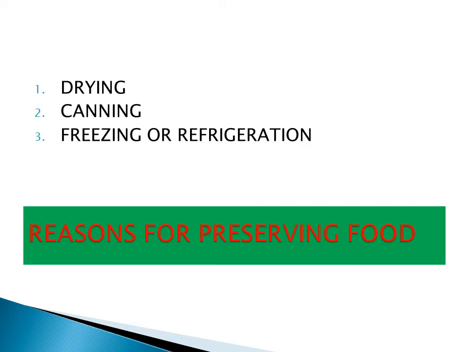Drying, pupils, is a method used in preserving food. Then we have canning. Before that one, let us finish with the drying. Drying is done at home and in factories.